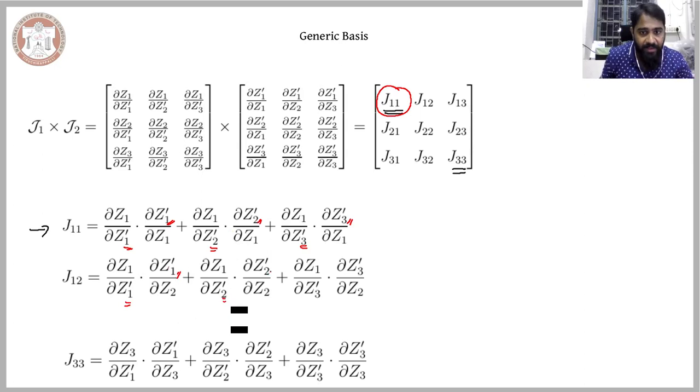So I have 9 entries, and each of these 9 entries has 3 summation terms in them, and in each of these terms my lower left and the upper right are identical to one another.